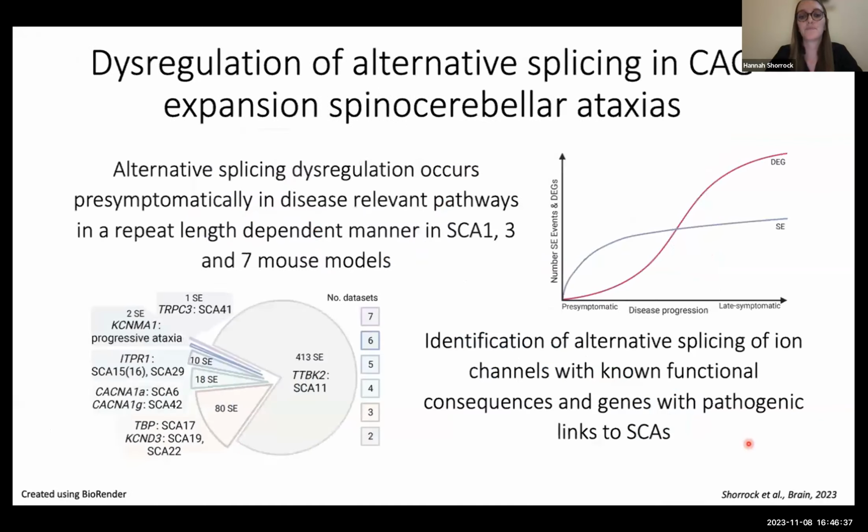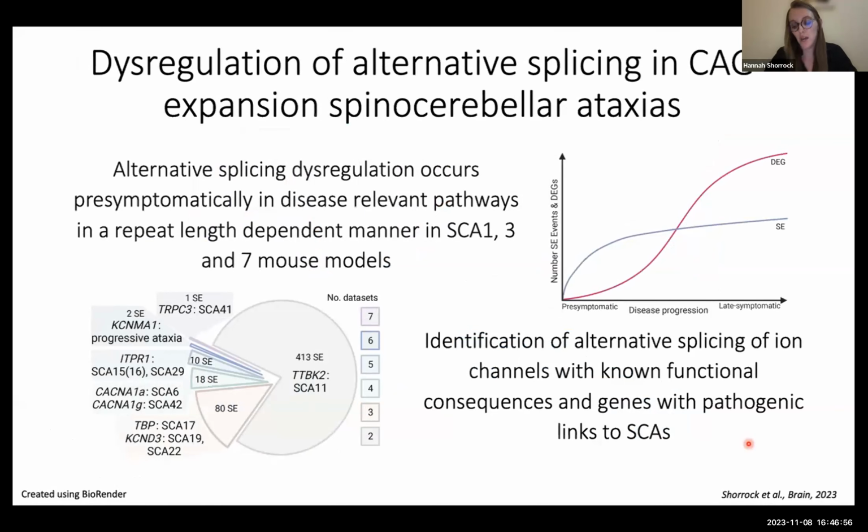So what I've shown you so far is that alternative splicing dysregulation occurs pre-symptomatically in disease-relevant pathways and in a repeat length-dependent manner across SCAR1, 3, and 7 mouse models that contain these CAG repeat expansions.